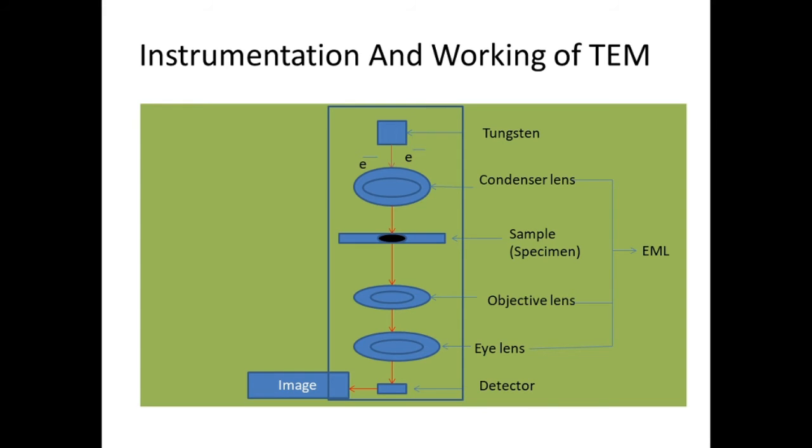First stage is fixation, then the second stage is rinsing and staining, third stage is dehydration, fourth one is embedding in resin, next one is trimming of the resin block and ultrathin sectioning, and the last one is collection of sections on a grid. Okay, these stages are required for preparation of the sample.